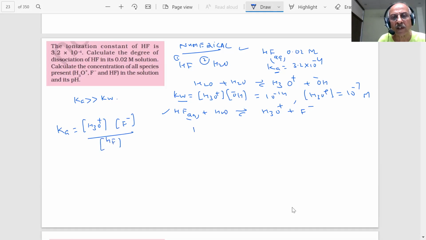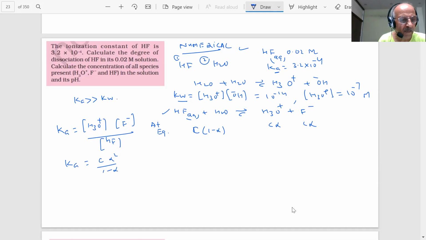So if I have concentration C, at equilibrium, this will become C(1 minus alpha), C alpha and C alpha. So what is then Ka? The concentration of H3O plus is C alpha, so we already defined Ka as C alpha square over 1 minus alpha.